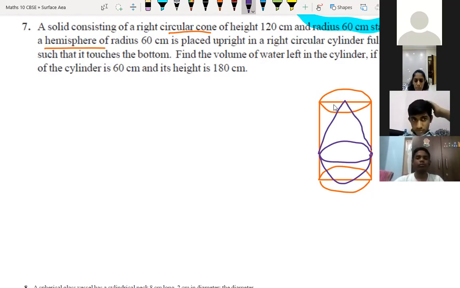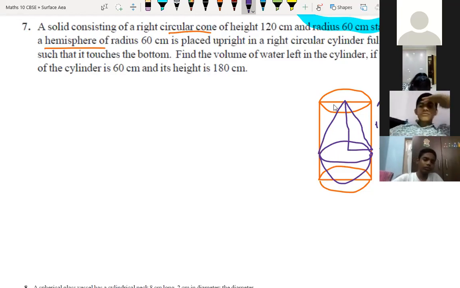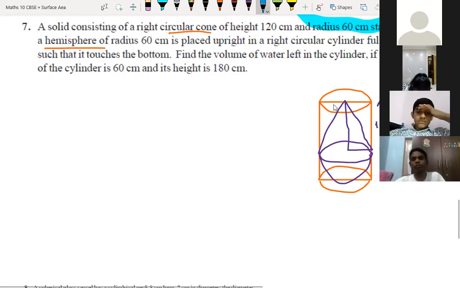First we write here, cone height is 120, from here to here. Next, the radius is 60, so we write the radius of the cone is 60. It is standing on a hemisphere of radius 60, the same only. The cylinder is full of water.